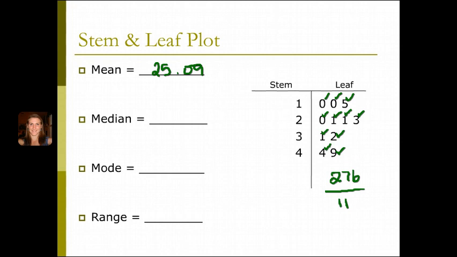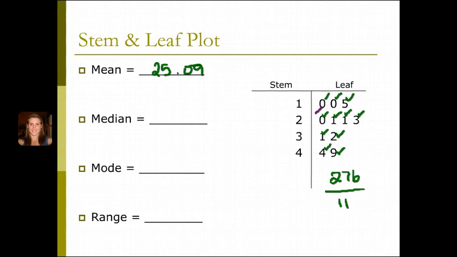Now the median is going to be the middle number. Okay, so when you're doing a stem and leaf plot, you're going to go crossing off from the least to the greatest, and you're going to find the middle number. Now, because we have an odd number in our data set, we can count off 5 on each side, and the middle number is going to be our median.